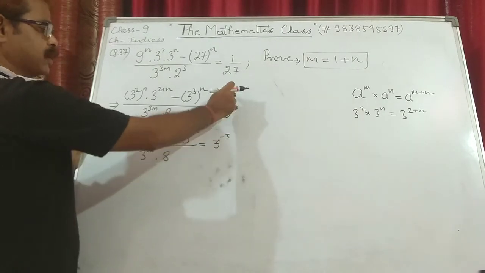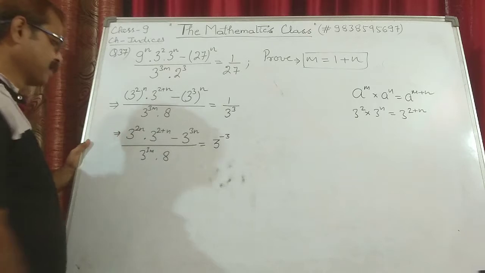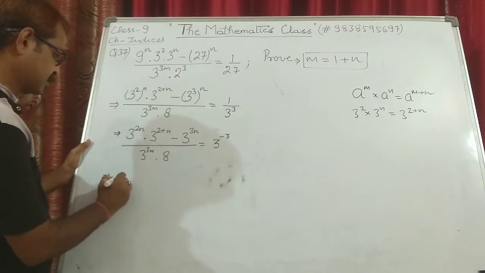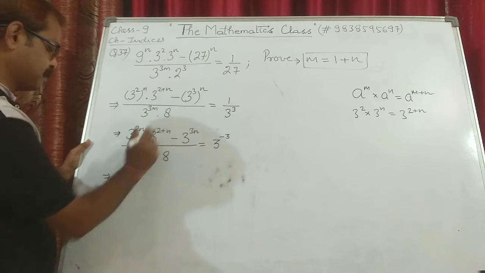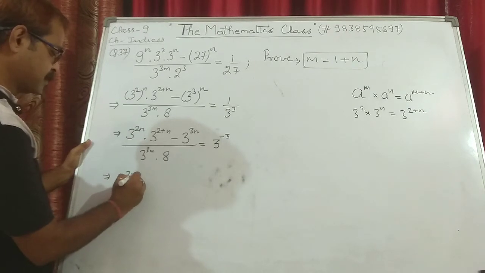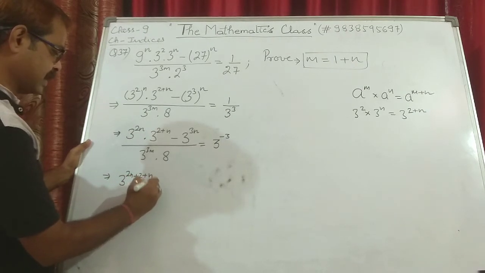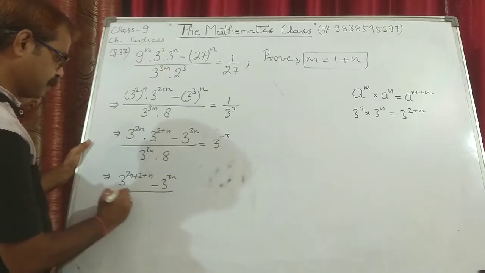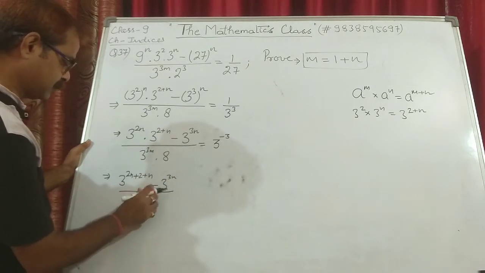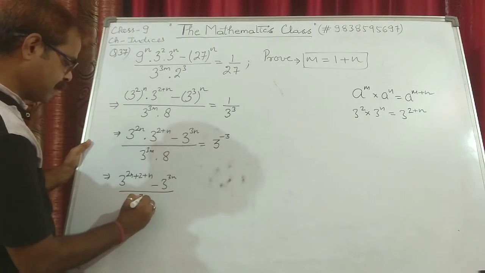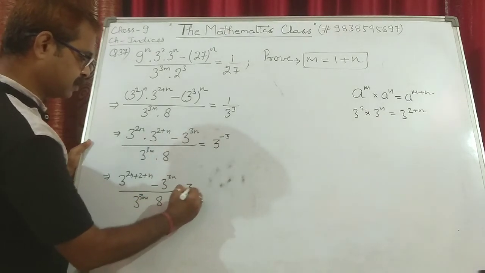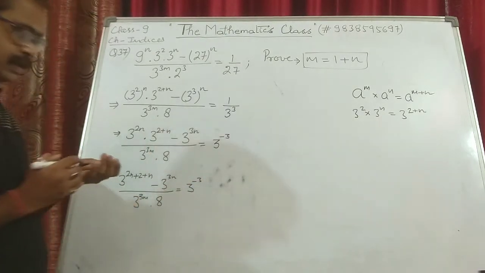This 3 goes to the numerator, it becomes minus 3. Now you can add these powers, so can be written as 3 to the power 2n plus 2 plus n minus 3 to the power 3n upon 3 to the power 3m into 8 is equal to 3 to the power minus 3.